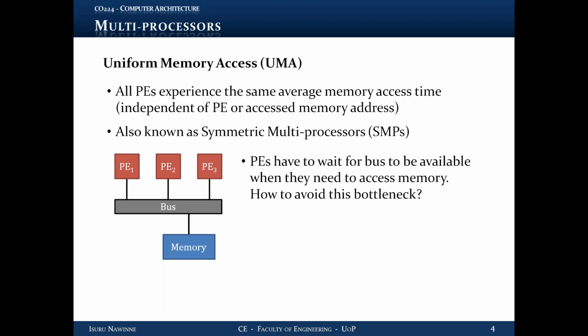So if one processing element is already using the memory, then the other processing elements will have to wait until that access is finished. If processor PE1 is accessing memory right now, it will take a large number of cycles, right? So hundreds of cycles. Other processing elements will have to wait until PE1 completes its access, right? So the bus is going to become the bottleneck because of the memory contention.